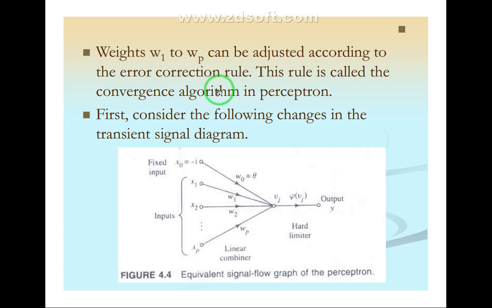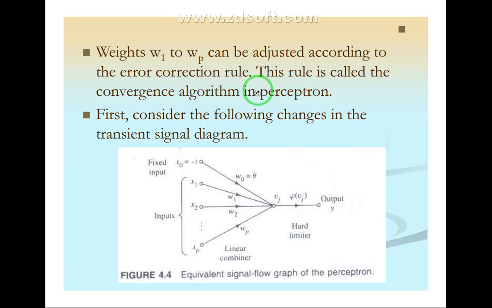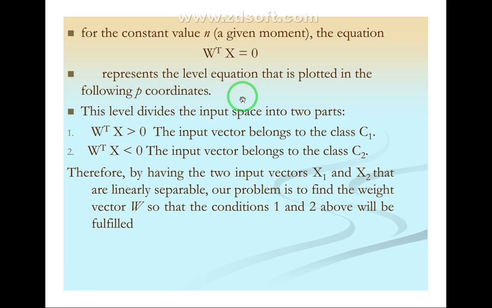You can see in the p coordinates we have the x1, x2 plane, and this shows you the decision boundary. So this level divides the input space into two parts.